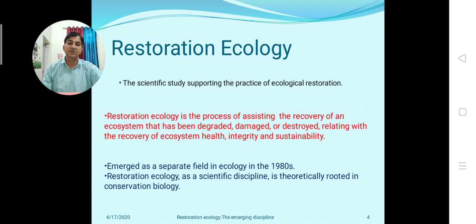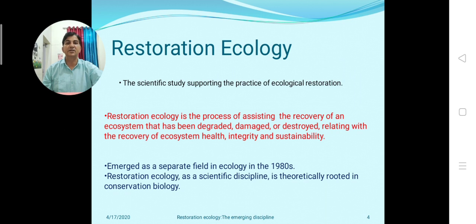In this sense of the term, ecological restoration can be viewed as an attempt to recover a natural range of ecosystem composition, structure, and dynamics. On the other hand, restoration ecology is the discipline of scientific inquiry dealing with the restoration of ecological systems.